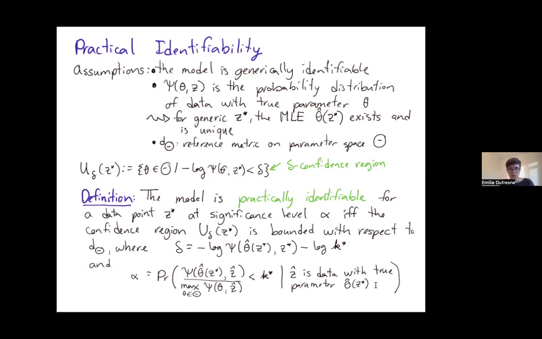Now, I don't expect you to get your head around this definition, and I wrote it down and I barely do myself. As it proved when we started looking at this problem, this definition of practical identifiability, although it does make sense, and when you work with it a little bit you really see why, is not very practical at all, because getting the k star from the alpha requires understanding the probability distribution of this thing, which is not at all easy or straightforward.